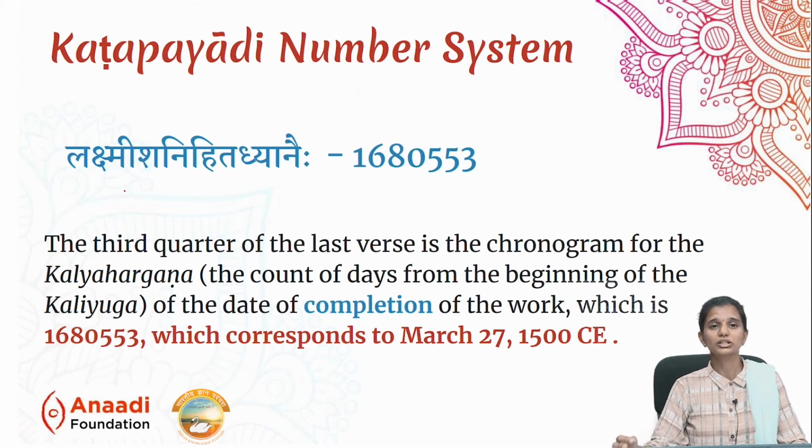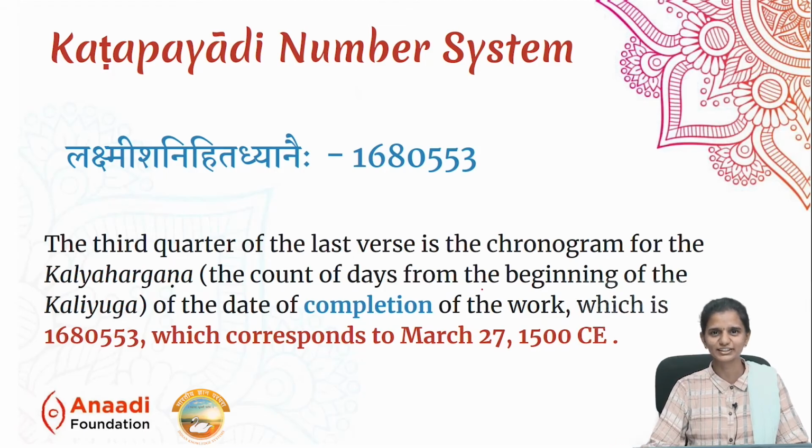Now, the third quarter of the last verse of this work is Lakshmisha Nihita Dhyanaihi. This gives the date of completion of the work, which is 1680553, which corresponds to the date March 27th, 1500 CE.